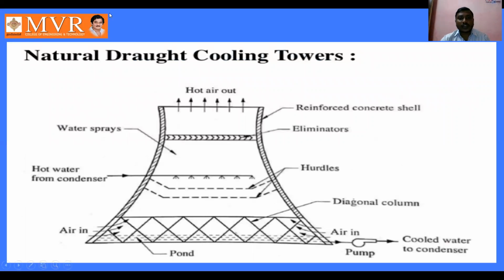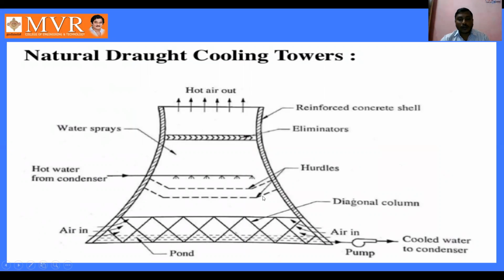Coming to the natural draft cooling tower, it is used to cool the water coming out from the condenser. Hot water from the condenser enters the cooling tower, where it is sprinkled through fine sprays onto these hurdles.